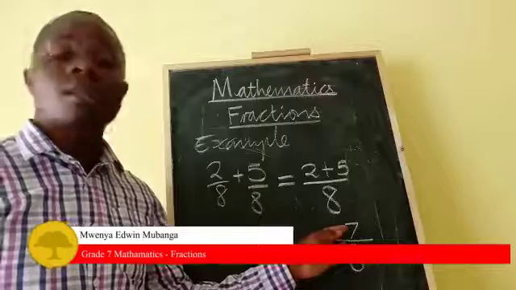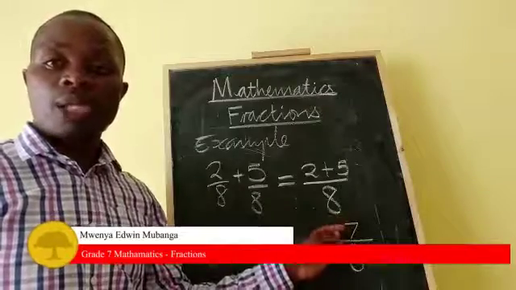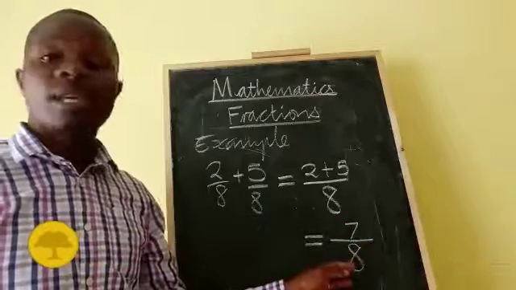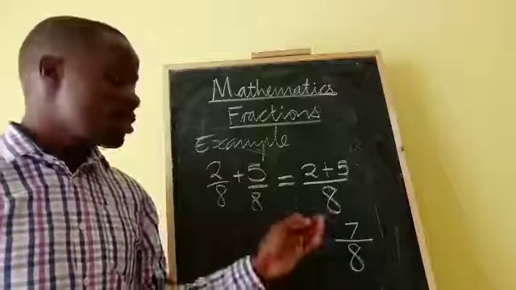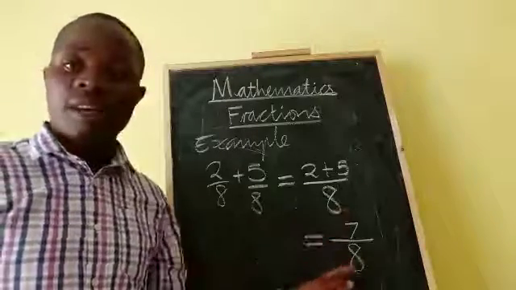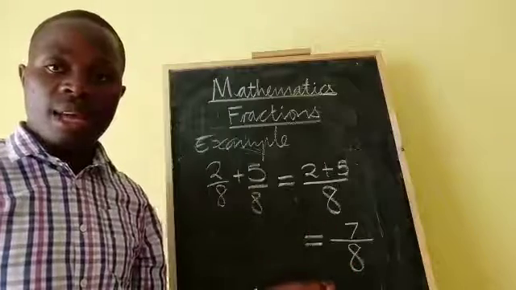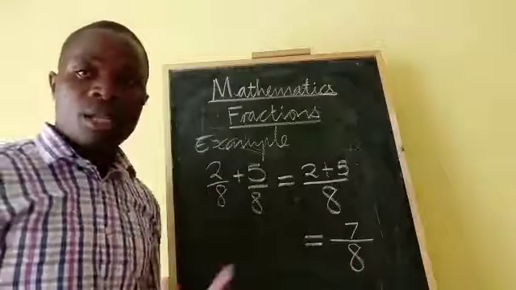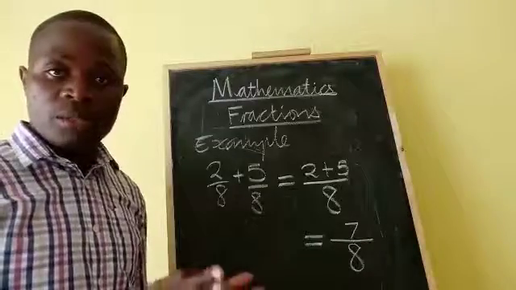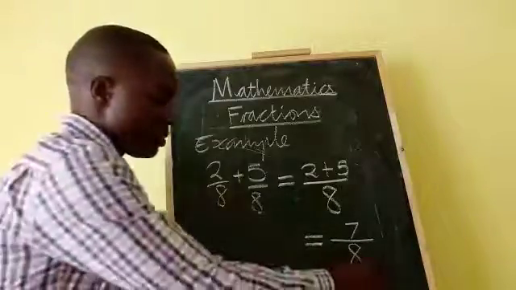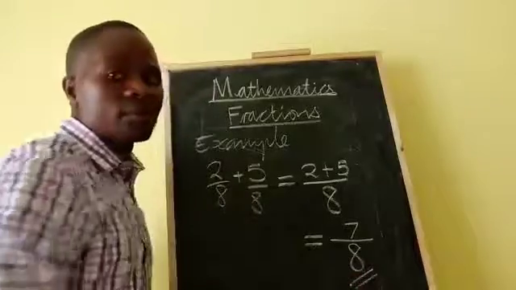Because looking at this, 7 is a prime number on top, and down here we have 8, an even number or a composite number. So this one, we cannot divide further. The question ends here. I'll give one more example so that you see how best we can go about working out fractions with the same denominators.